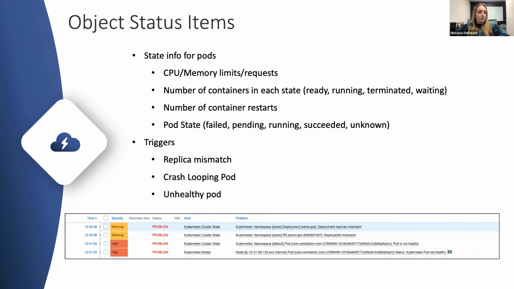Triggers that are very similar to alerts found in Prometheus Alertmanager can take action on such events as replica mismatches for deployments, pods continuously crashing, and the status of nodes. For those currently using Prometheus, you should see equivalent triggers in the Zabbix environment to alerts you probably have set up in Alertmanager, but with the added benefit of Zabbix's extensive trigger actions and overall flexibility.